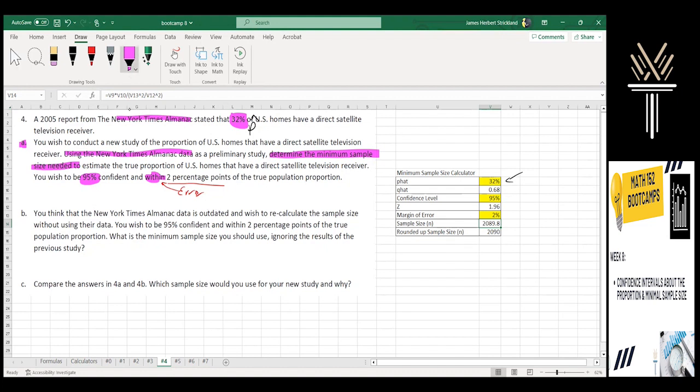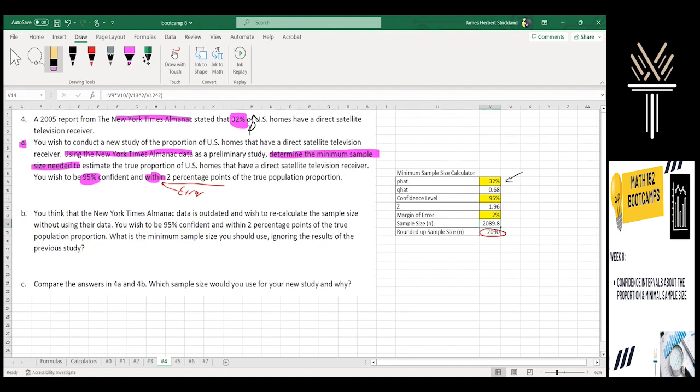If we want to create a confidence interval of boundaries that are only 2% points wide, then we need to have a survey of 2,090 people. That's the real beautiful part about this. If we get 2,090 participants and find whatever measurement we're looking for, when we get that calculation, it's going to be off from the real proportion calculation from the population by just 2 percentage points.